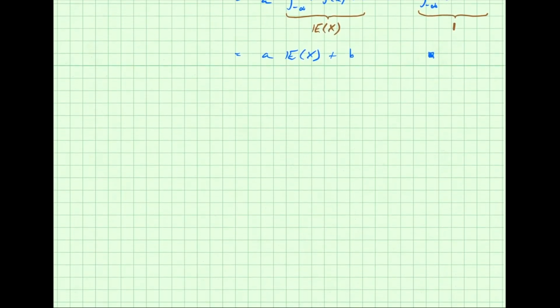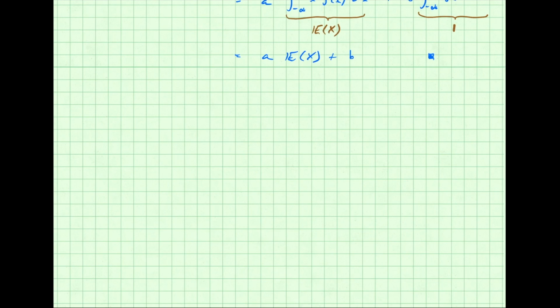And then property number 2, we're only going to see 3 properties here. Property number 2 is that the expected value of x plus y, where both of these are random variables, is equal to the expected value of x plus the expected value of y.